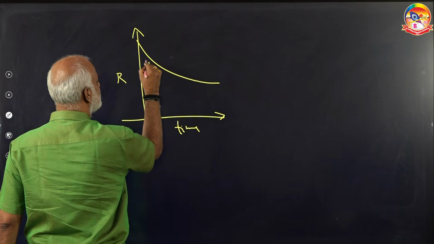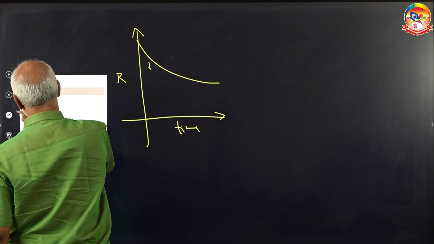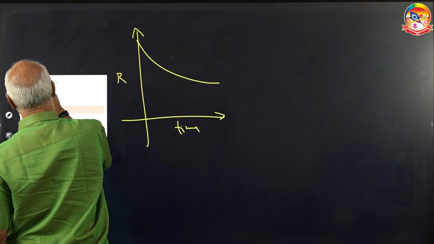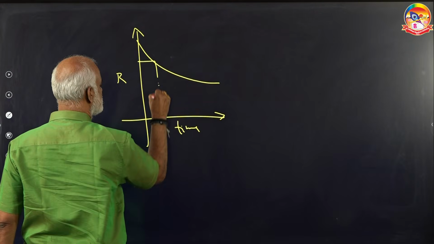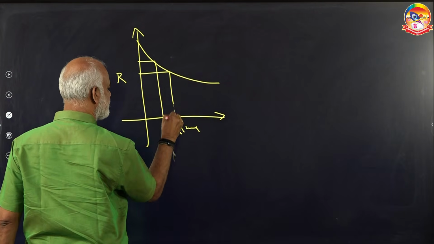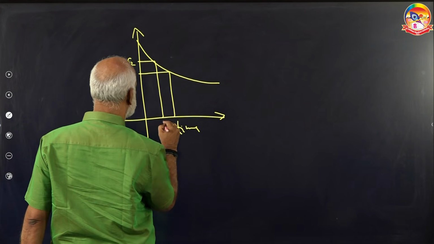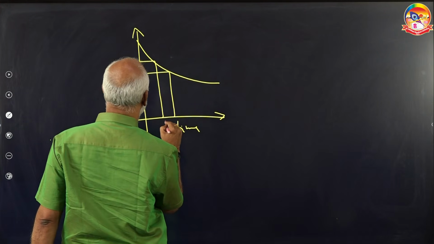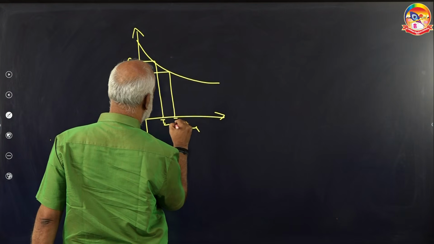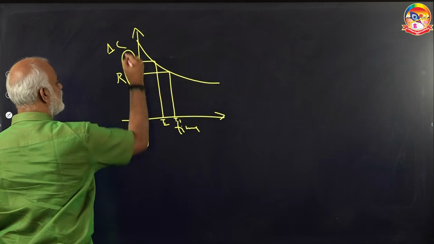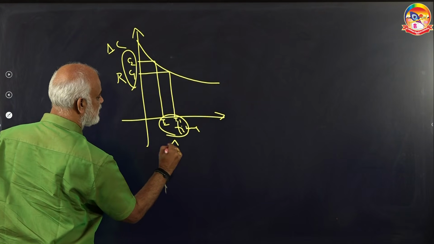Suppose you take any two time intervals, this is C2, this is C1, and this is T2, this is T1. So this is called delta C and this is called delta T.